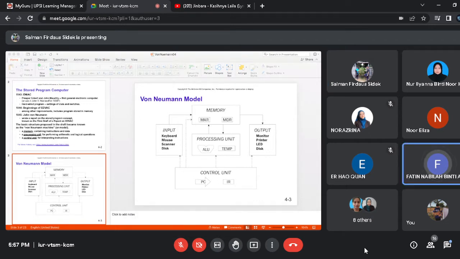Sir, what was ALU earlier? Arithmetic logic unit. Okay, thank you, sir. What you have learned in the quiz before, chapters 1, 2, 3, is arithmetic and logic. What you learned in the first part of this course, the arithmetic and logic, I already told you how the computer works.